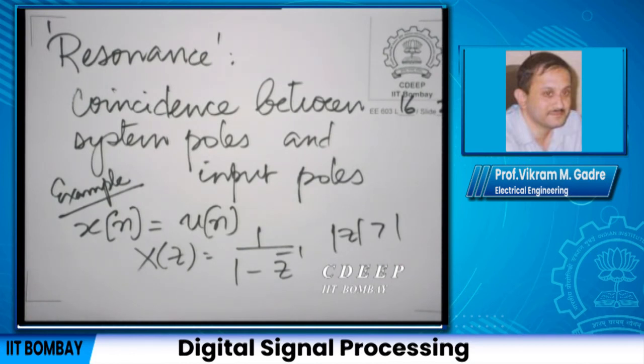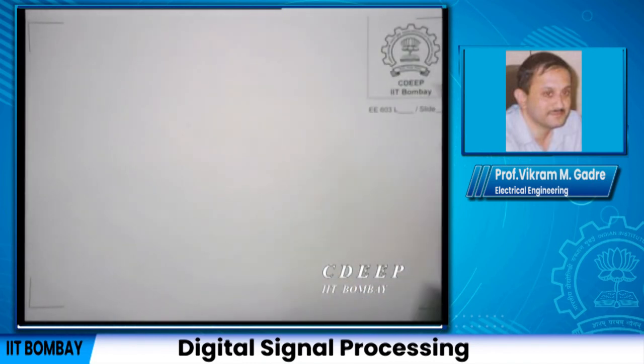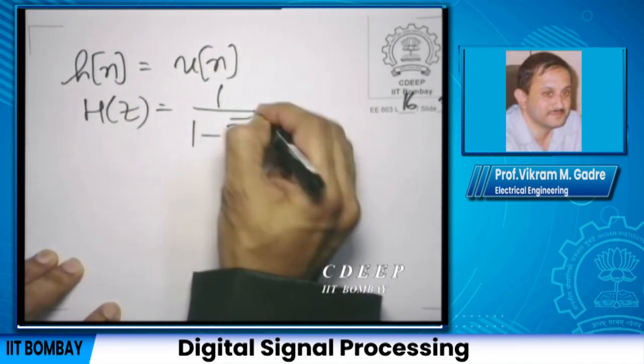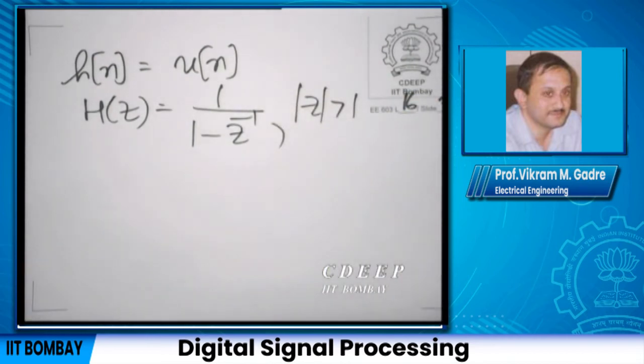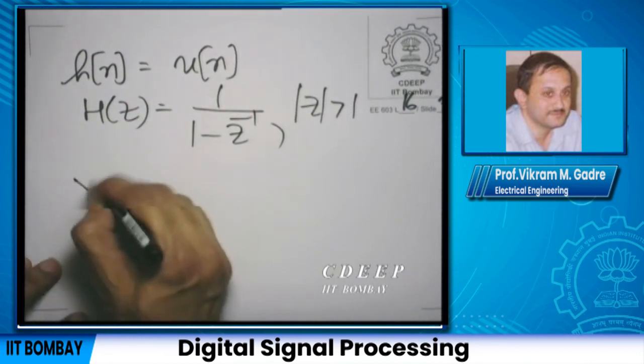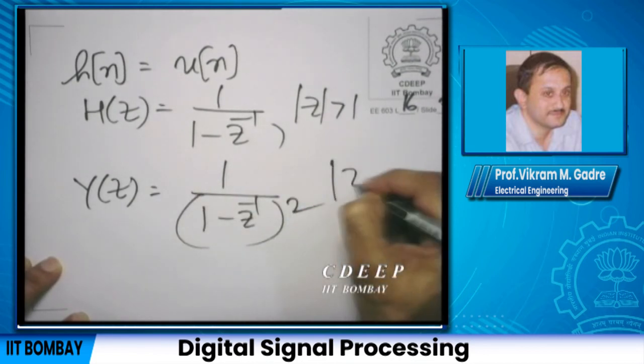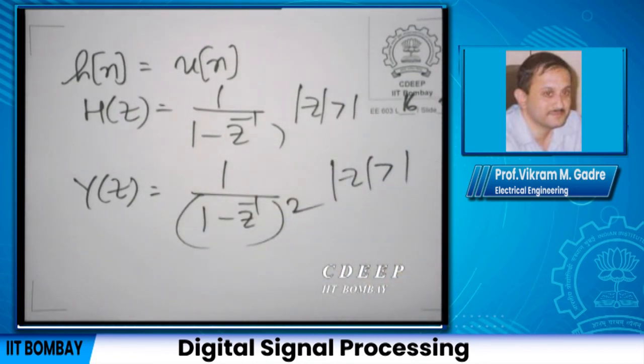Let us take h[n] to be the same sequence, whereupon you have H(z) is also 1 by 1 minus Z inverse with mod Z greater than 1. Now, Y(z) of course would be 1 by 1 minus Z inverse the whole squared with mod Z greater than 1, and we know the form of Y(z).